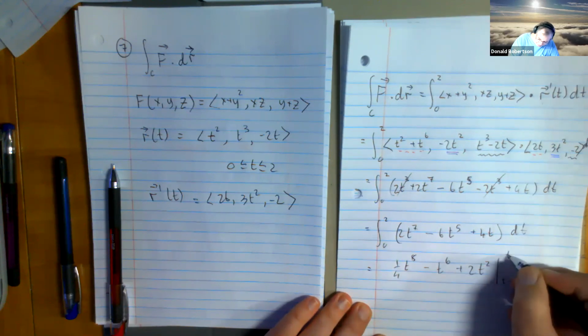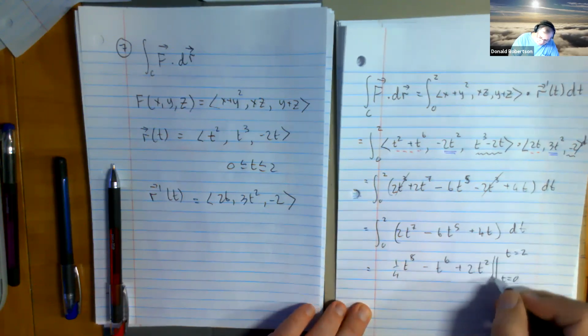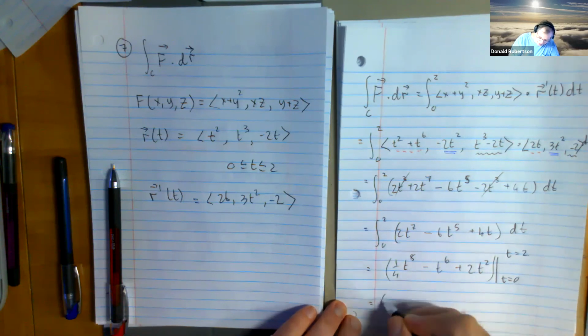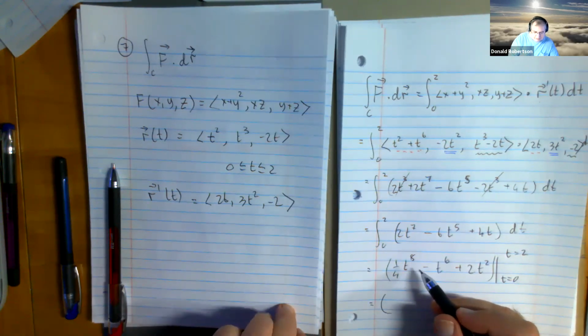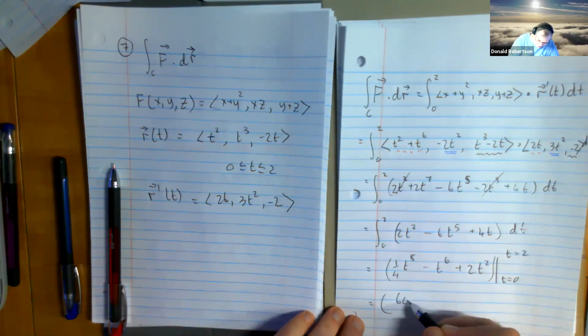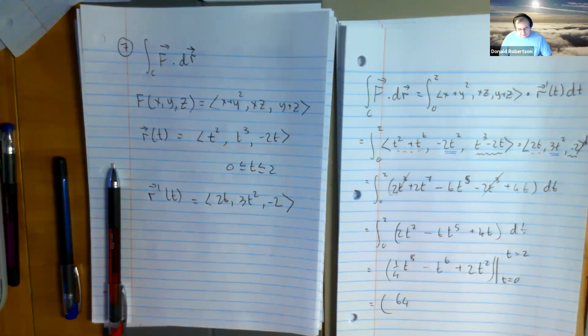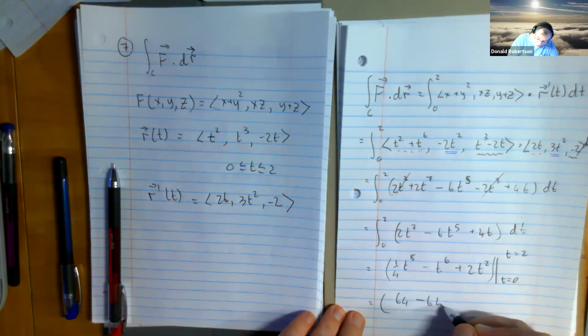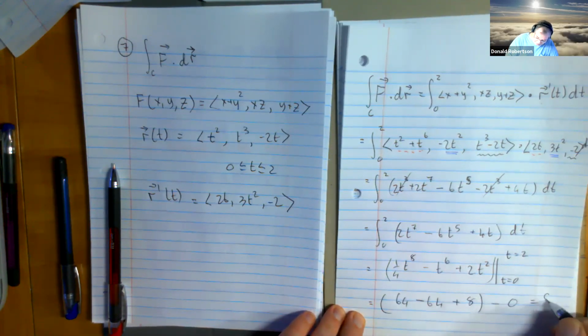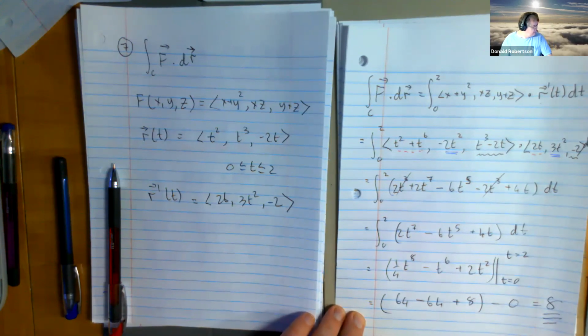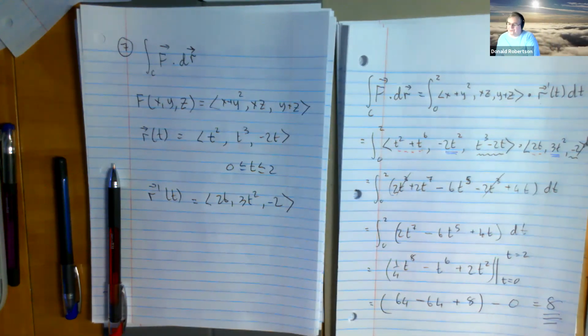Evaluated at t equals 0, t equals 2. 2 goes into that, 2, 4, 8, 16, 32, 64. Oh, and it's the right answer. It's 8.